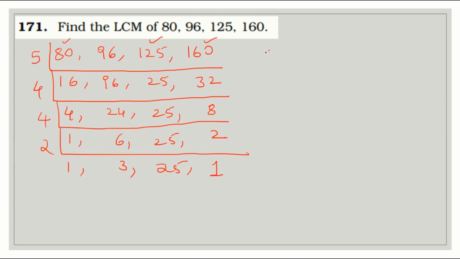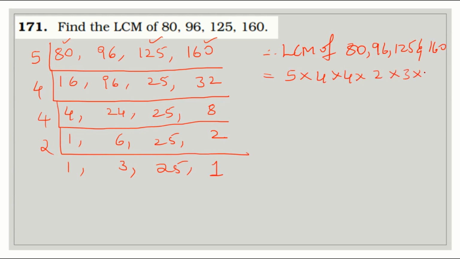Now therefore the LCM of 80, 96, 125 and 160 is 5 multiplied by 4 into 4 into 2 into 3 into 25, which means 12,000.